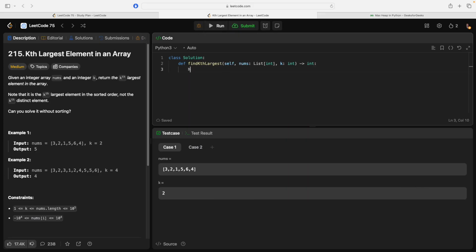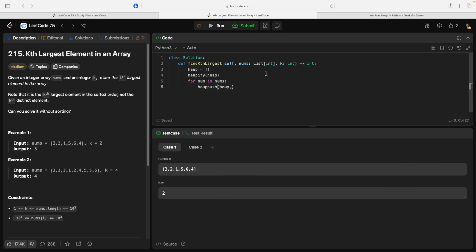Okay. Heapify heap. And then we'd say heap push. So we'd push on a value to heap, num in nums.